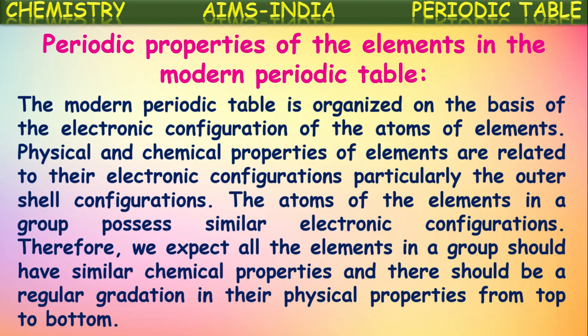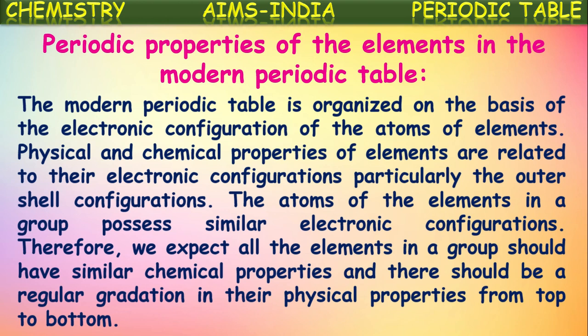So, physical and chemical properties of the elements are mostly related to their electronic configurations, particularly their valence electronic configuration or outer shell electronic configurations.